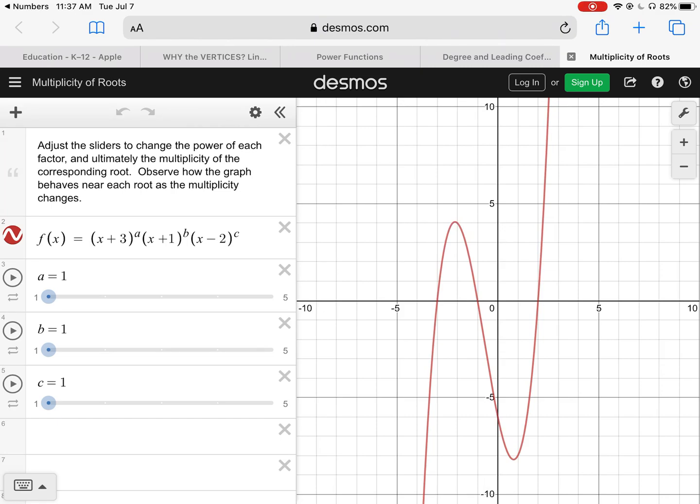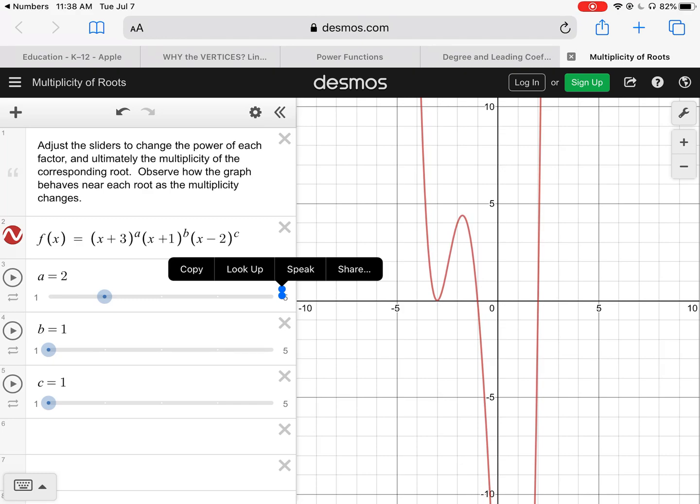And notice right now I have all 3 sliders, so the values of A, B, and C, they're all set to 1, okay? So let's focus right now on the slider for A, which means we are playing around with the multiplicity of the root for -3, okay? Let me move A up to 2. Okay, so notice how that changed the graph, okay?